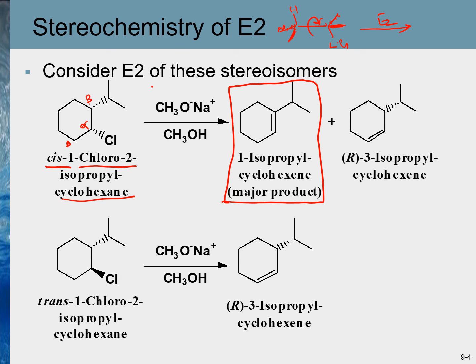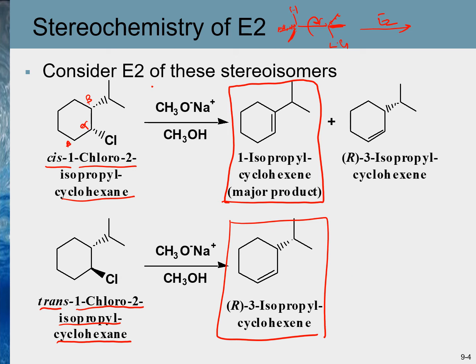However, instead of the cis isomer, if we start with the trans-1-chloro-2-isopropyl cyclohexane, we only get the Hofmann product. The Zaitsev product is completely missing. We do not get any Zaitsev product, the more substituted alkene is not formed.